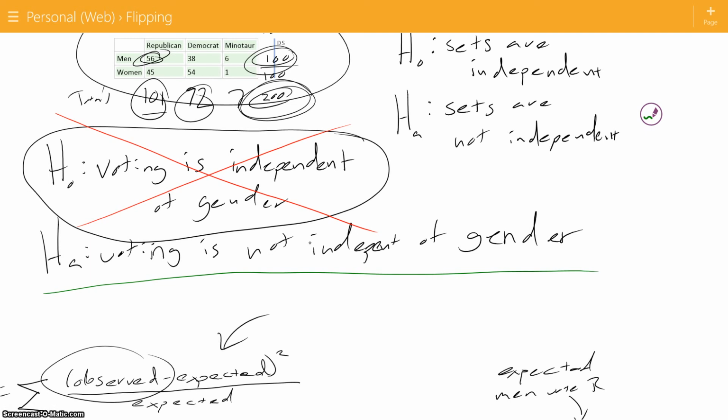Although your results may vary depending on what type of election you're looking at, in this particular election, we can say with some confidence that gender is not independent from voting habits, and that tells us something about the results of how people voted here, and maybe that can be used when you're analyzing this election and future elections going forward.